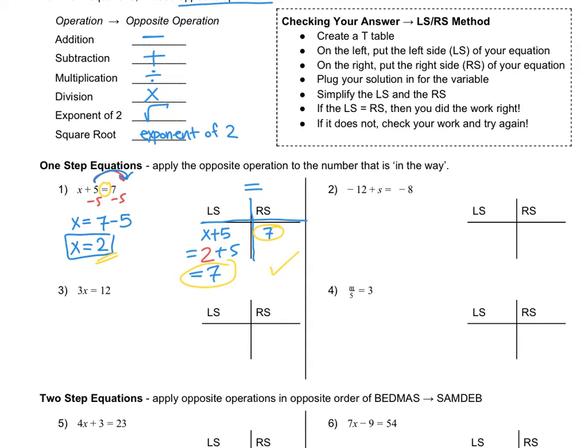If I look at my next example, I have negative 12 plus s. I need to isolate for this s, but the negative 12 is in my way. So the negative implies subtraction. When I bring it to the other side or use the opposite operation, that subtraction will turn into addition.